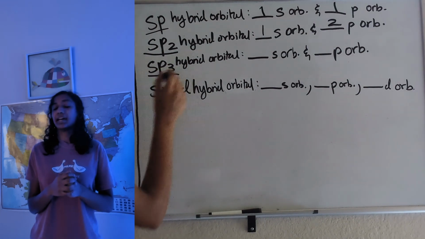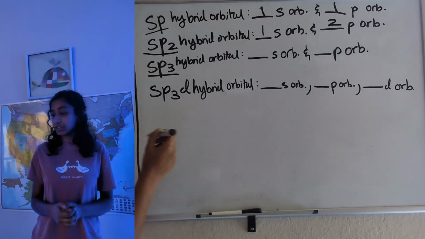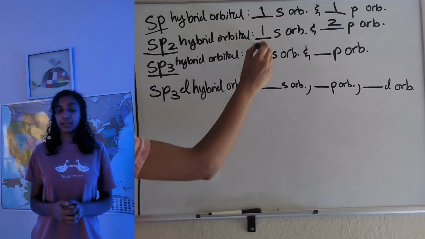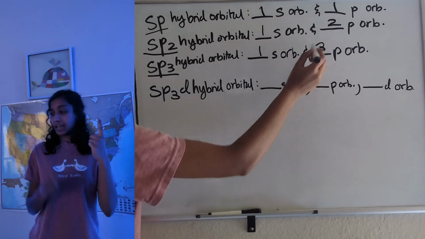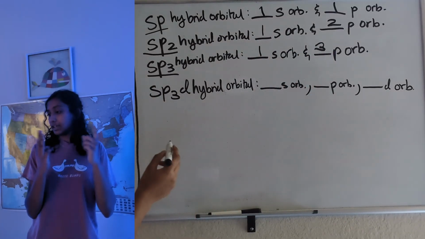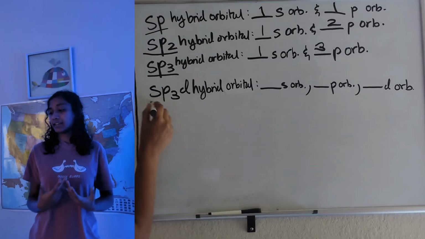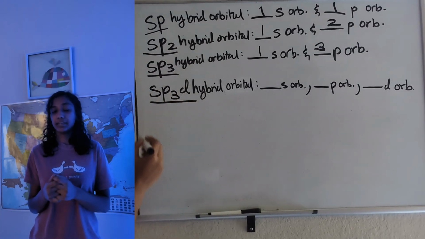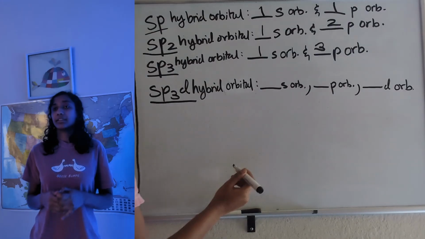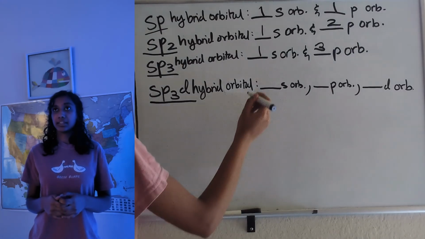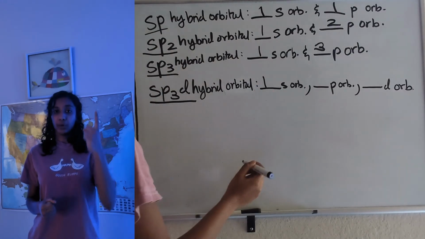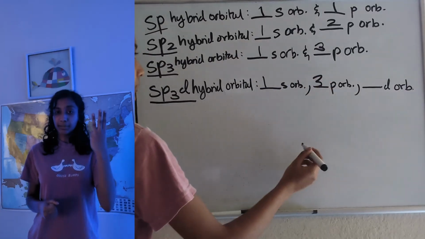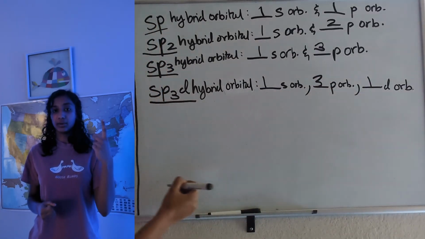If the central atom has an sp3 hybridization, its hybrid orbital is made from 1 s orbital and 3 p orbitals. And finally, if the central atom has sp3d hybridization, the central atom's orbital has one s orbital, 3 p orbitals, and 1 d orbital.